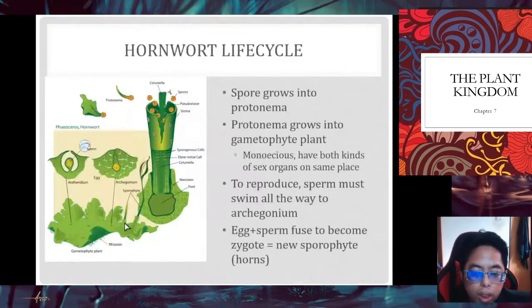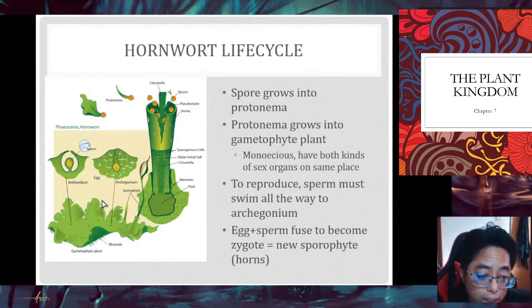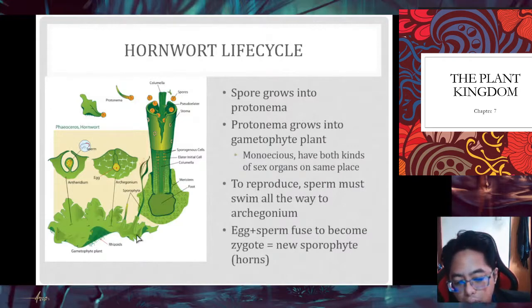Okay, so the hornwort life cycle, you have this thing again. It looks like the liverwort's flattened leaf called thallus. So yeah, this is also named the gametophyte plant. Okay, similar to a thallus, but what grows on top of it is not the gametophyte.